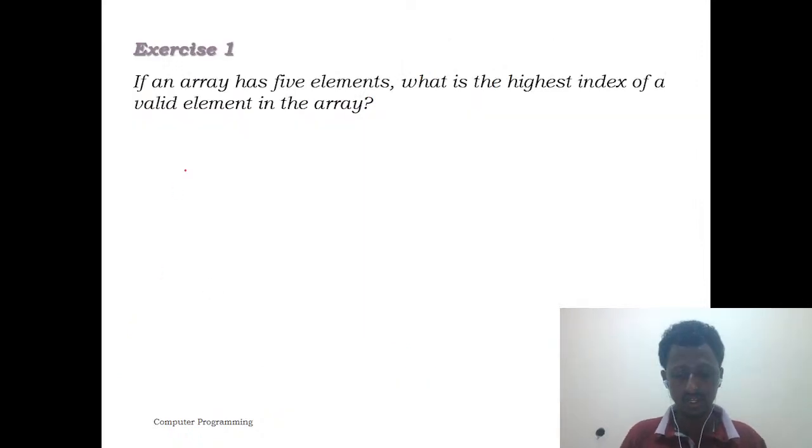Example for an exercise: if an array has 5 elements, what is the highest index of a valid element in the array? For example, the array size n is equal to 5. So the highest index is n minus 1, which equals 4.